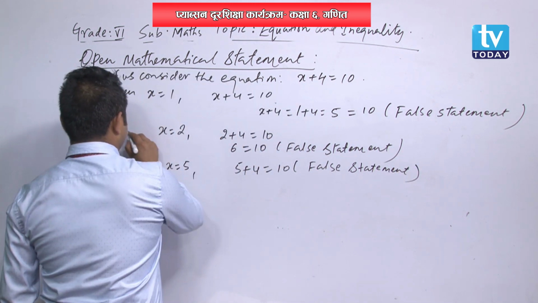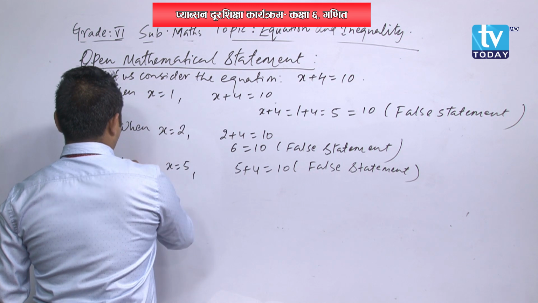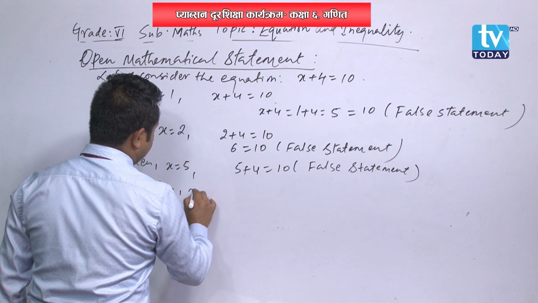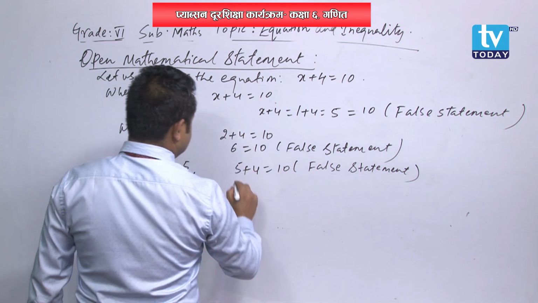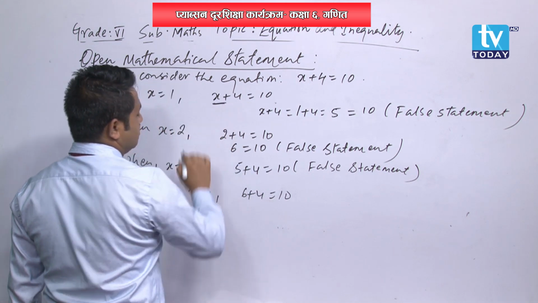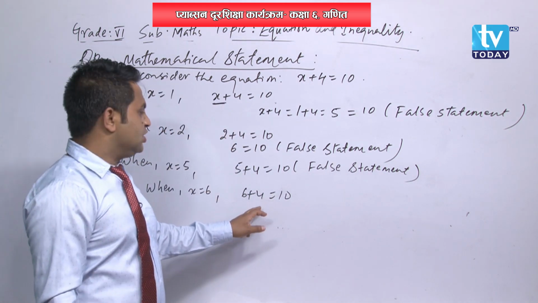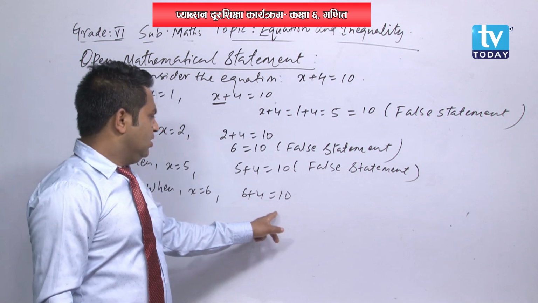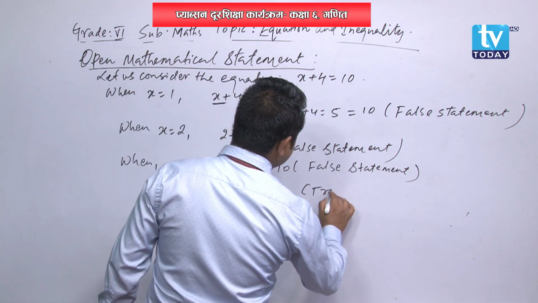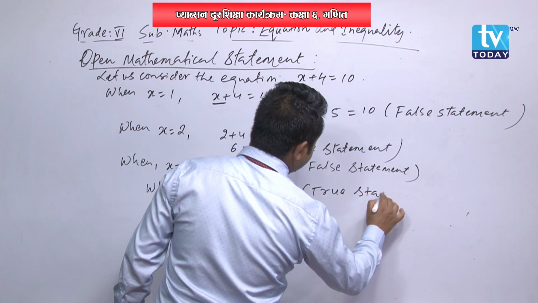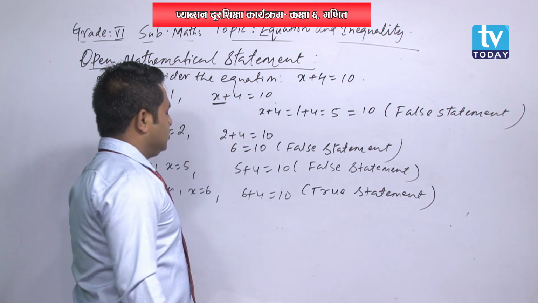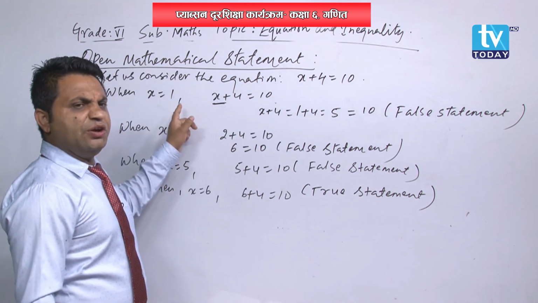Suppose x equals 6, replacing the value of x by 6, so 6 plus 4 equals 10. So this is a true statement. Is that clear? So in this way we can do it.